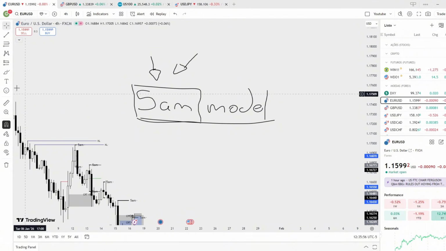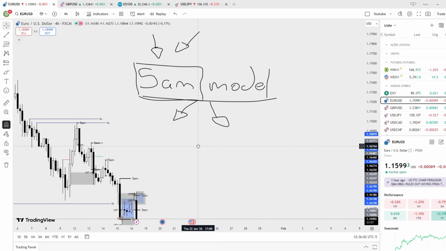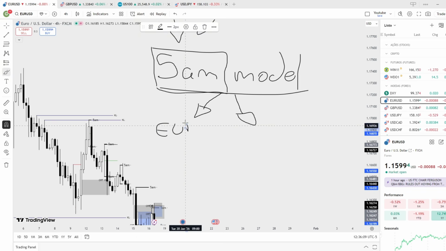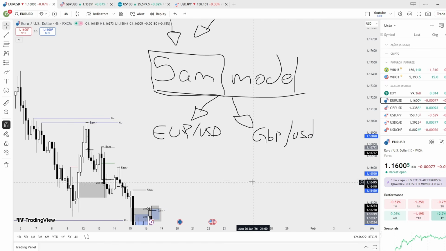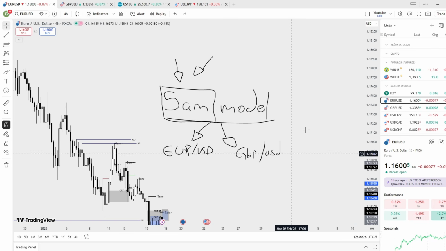Okay, which leads me to the assets we're going to trade. This is important to tell you now so you don't keep asking me later. We're going to trade EUR/USD and GBP/USD. These are the two assets that we're going to trade in this 5 a.m. model.